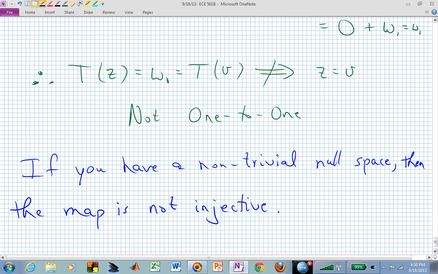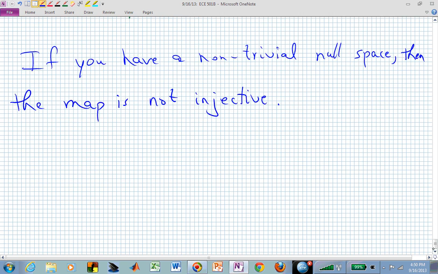Let's now look at the counter concept to the null space, which is the range space.